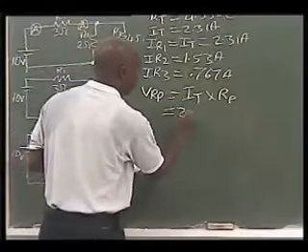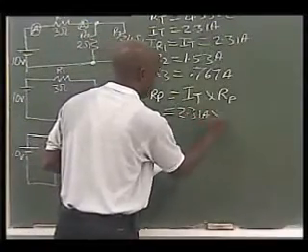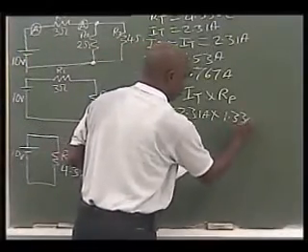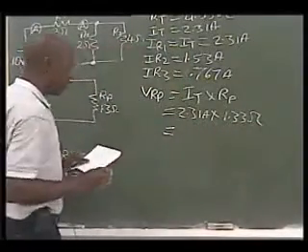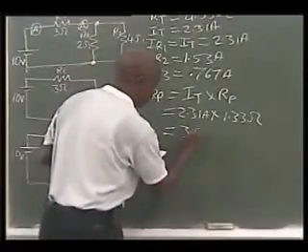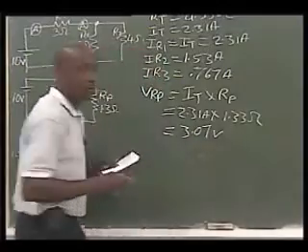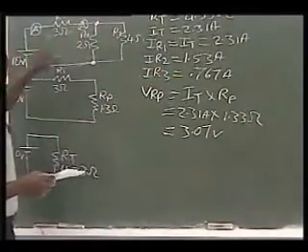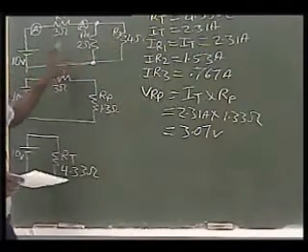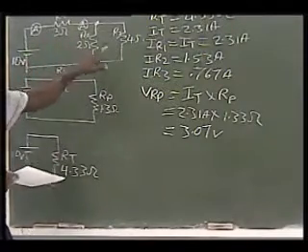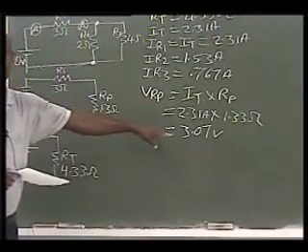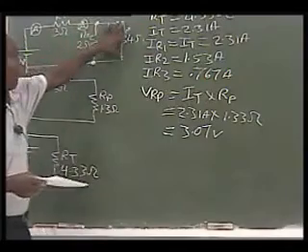That's going to be 2.31 amps multiplied by RP, which is 1.33 ohms. And that gives us, if we put it in our calculators real quick, a voltage of 3.07 volts. So the voltage at this point is not 10 volts. If it was a parallel circuit, it would have been 10 volts. But because it's a series parallel circuit, the drop here is 3.07 volts. And of course, whatever is here is going to be here also.